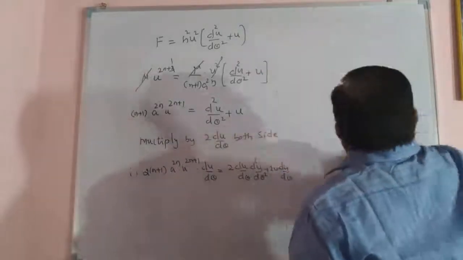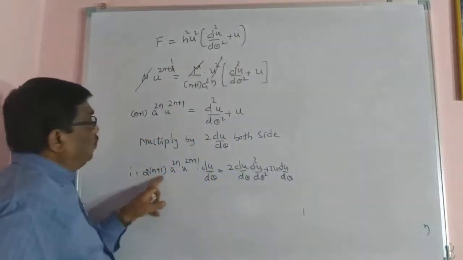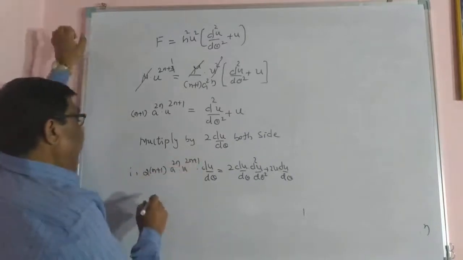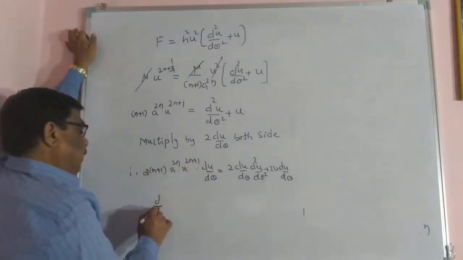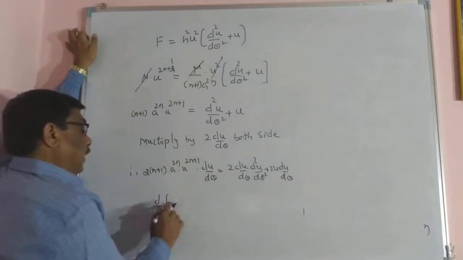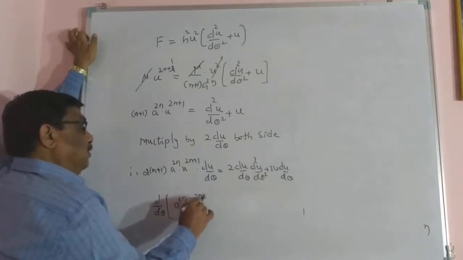If I rearrange this, see 2n plus 2 and u raised to 2n plus 1. Therefore, I can write this as d by d theta of a raised to 2n, constant quantity, but u raised to 2n plus 2.